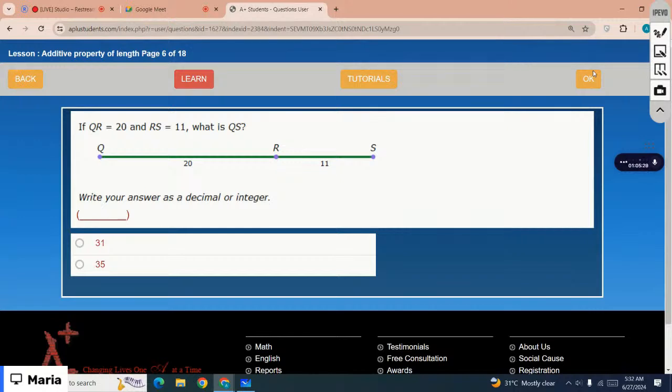The correct option is 31. Option number 1 is the correct option. Got it?